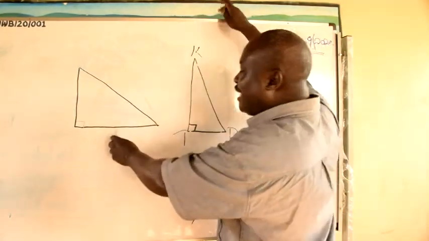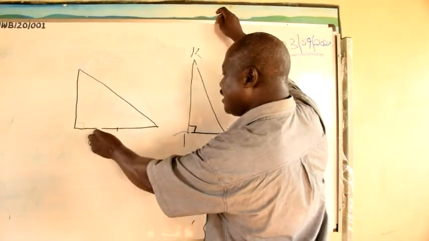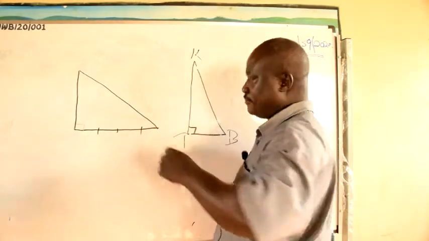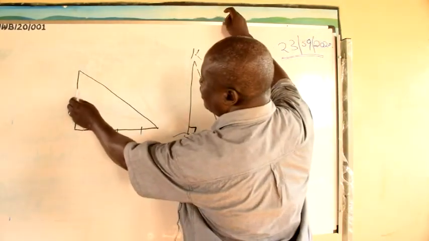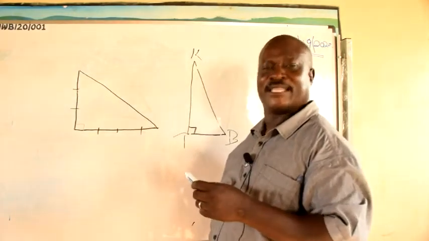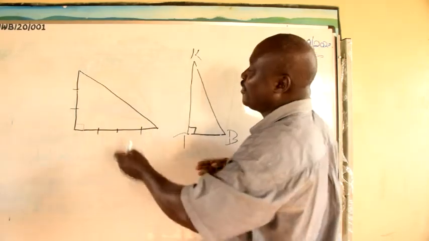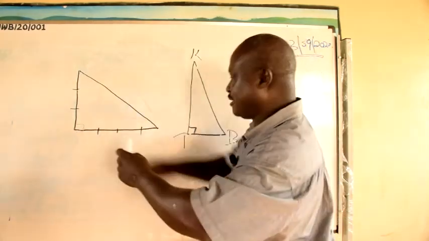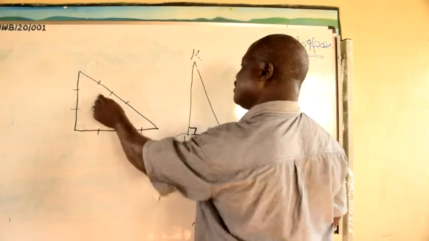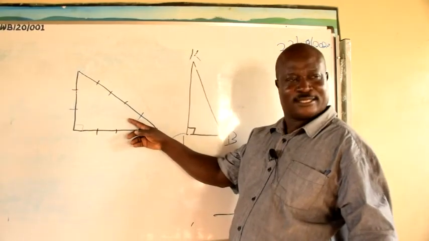Then he realized that if this side is 4 units, divided into 4 equal parts, and this other side is divided into 3 equal parts, then the length of the hypotenuse is as if it is 5 parts. This is what he developed. This is what he realized.